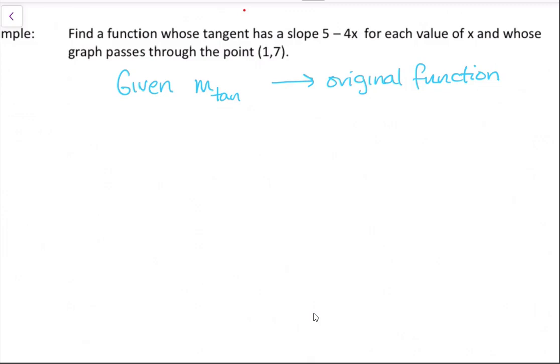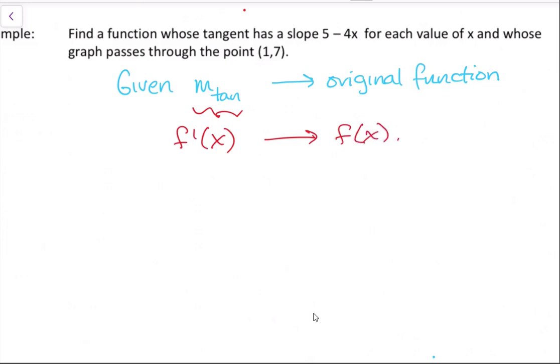So think about what you've been given and where you want to go. If you write this down on the exam, when you've got all of these mixed up, write down what you have and where you want to go, and then you'll know whether you're going from a derivative back to the original function or from a function to a derivative. We know that the slope of a tangent line is definitely a derivative, and we want to go to the original function.